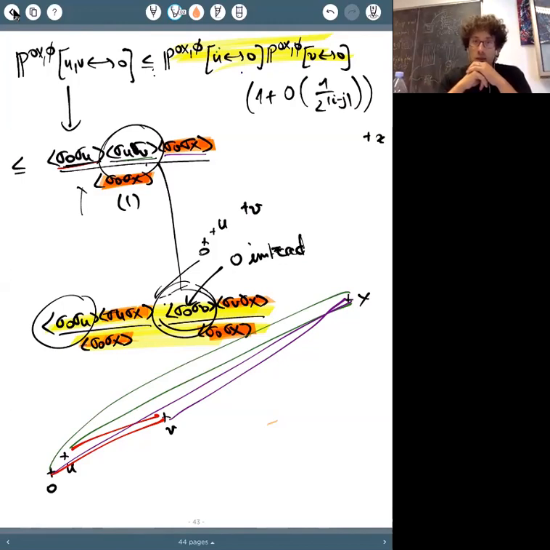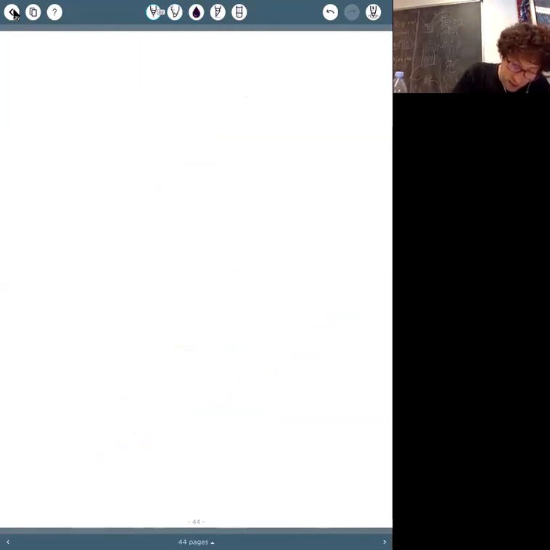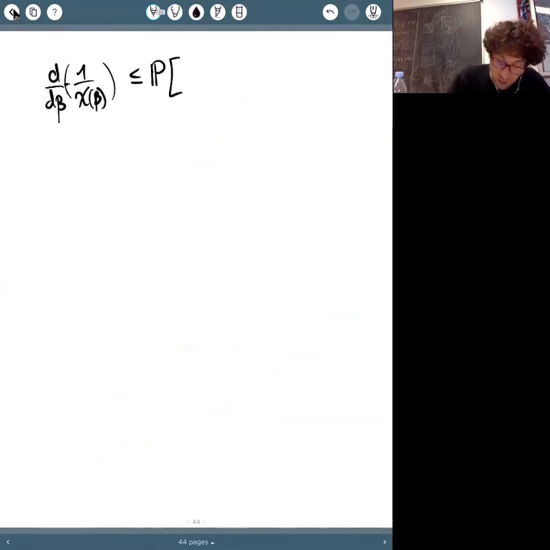My point is that the reason why the susceptibility gives you what it gives you is that you prove that minus d over d beta of 1 over chi of beta, with a minus to have something that is increasing, is bounded from below by the probability that if you start 2 currents at neighbors, they get far without intersecting.